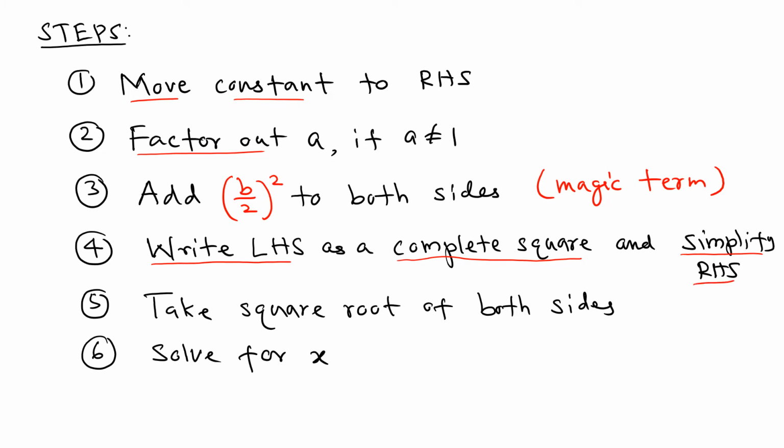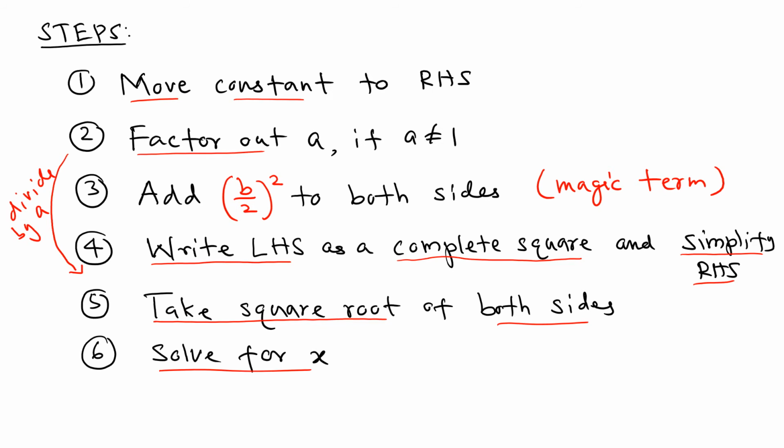And then we have the extra step: if you factored out a, this time we're going to divide by a. After you divide, we take the square root of both sides and then solve for x. So those are the 6 steps of the completing square method.